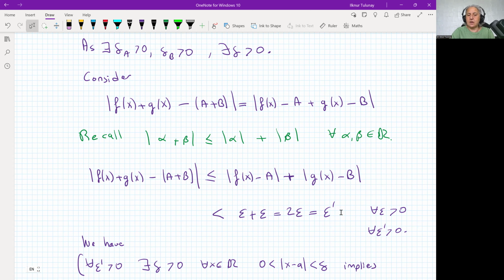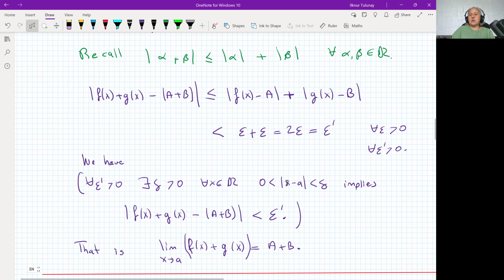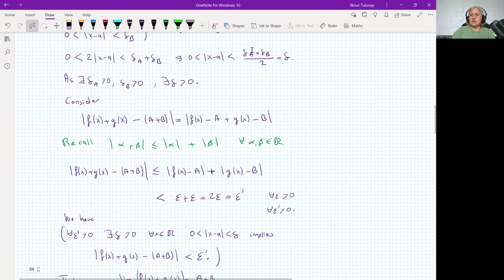That wouldn't matter at all. So this proves everything, because all we wanted to say is that for each epsilon, when epsilon runs through 0 to 1, then epsilon prime runs through all of 0 to 1. Then there exists a delta. We've shown it. There exists a delta because we define the delta as the halfway of delta A and delta B.